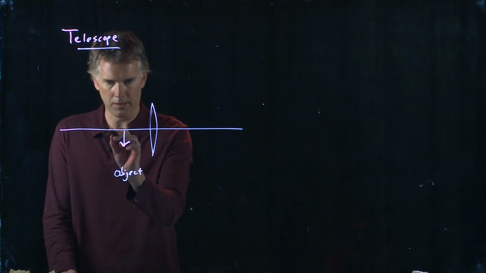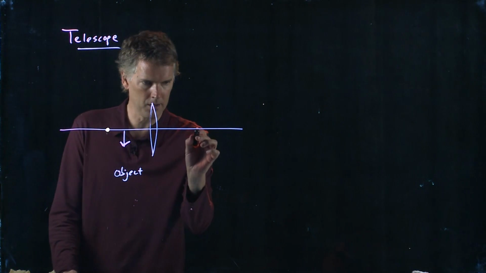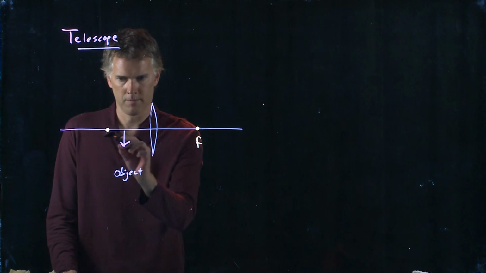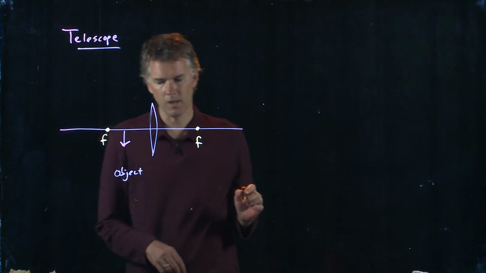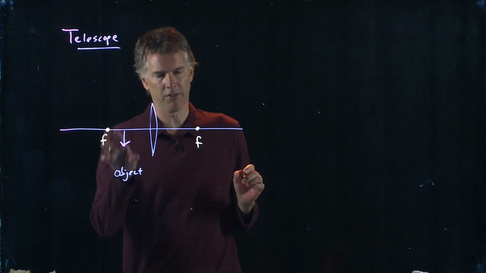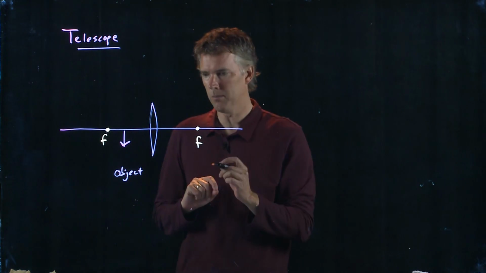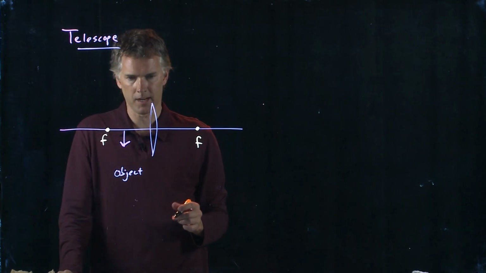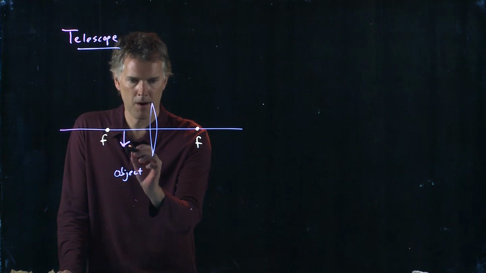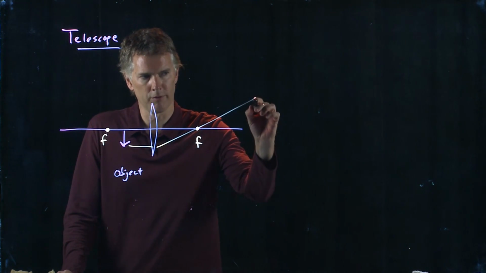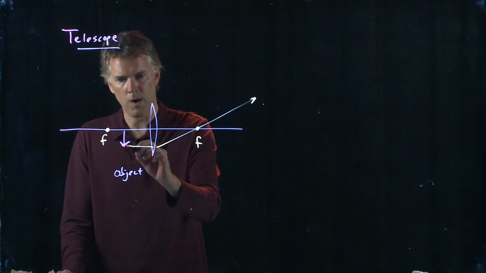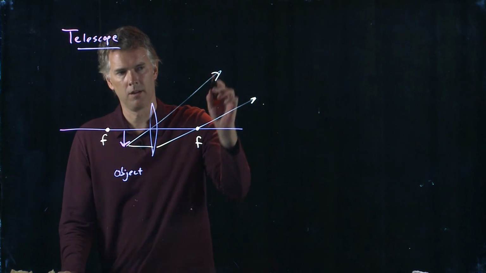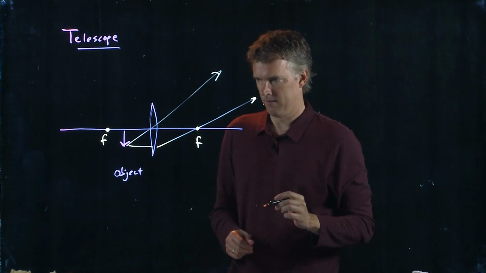All right, where's the focal length of this lens? Let's put the focal length right there. If the object is there, where is the image? We just did this one a second ago, but let's redo it. Parallel rays go through the focus. Rays through the center don't bend.